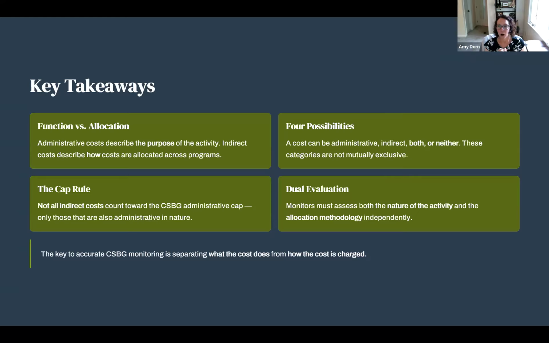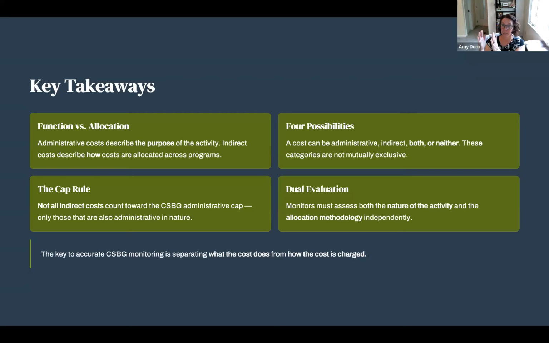So part of the CSBG policy, I know now from the federal level, the CSBG federal guidance, is that the states have to pass 90% of their CSBG allocation through to the subrecipients.